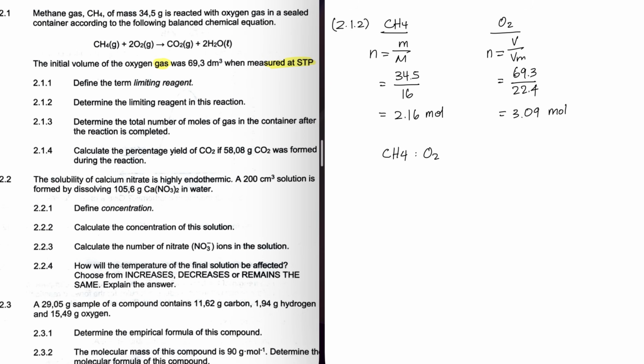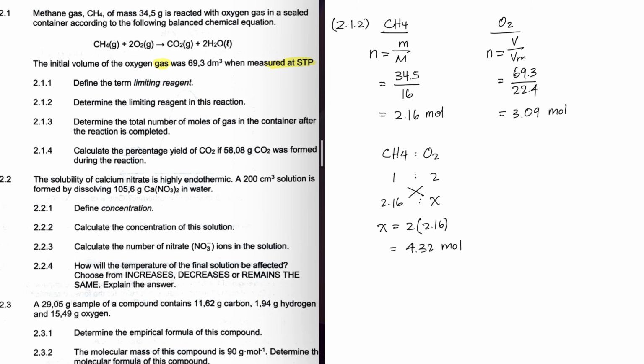So from the reaction, the ratio is 1 to 2. Now let's assume that I don't know the oxygen, right? So this is going to be 2.16 to X. Now to figure out what X is, you can cross multiply. X is equal to 2 into 2.16, which is equal to 4.32.